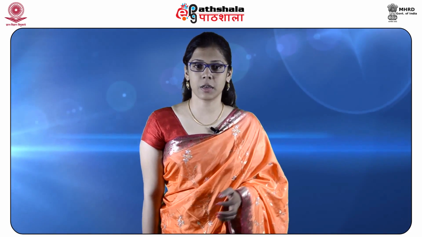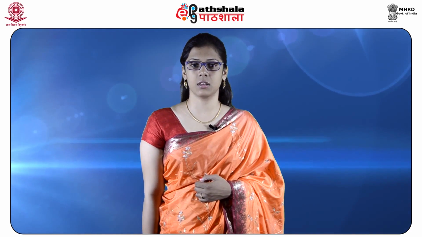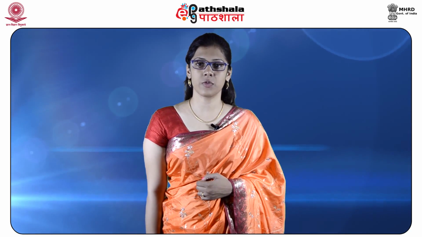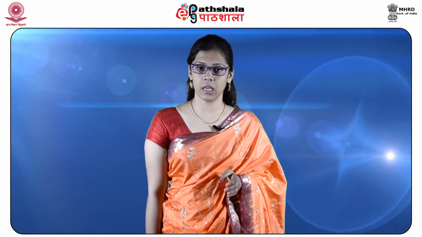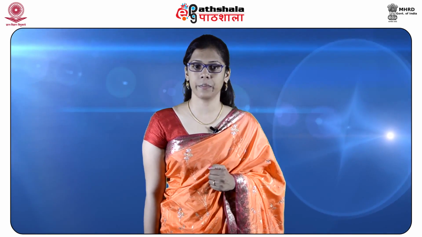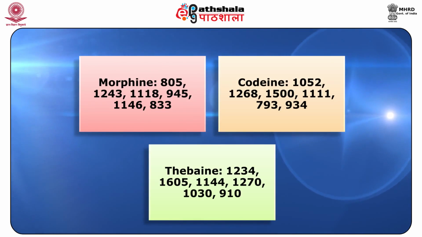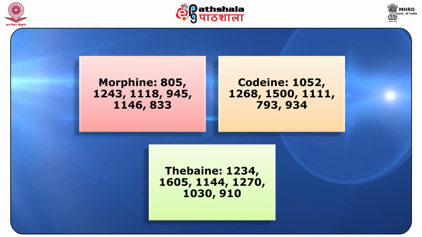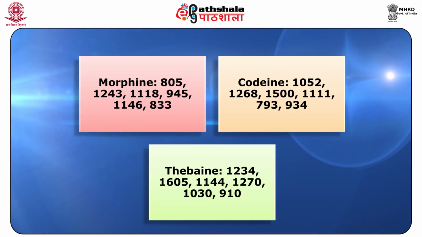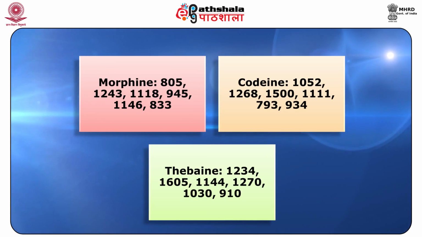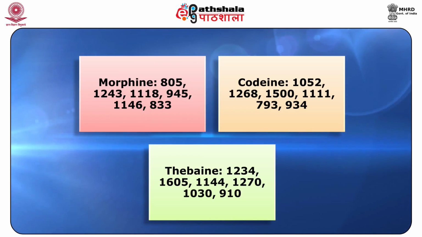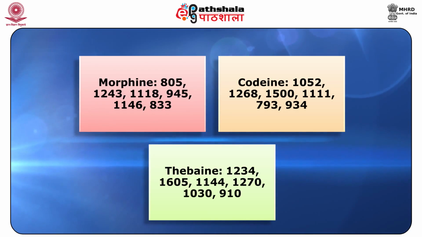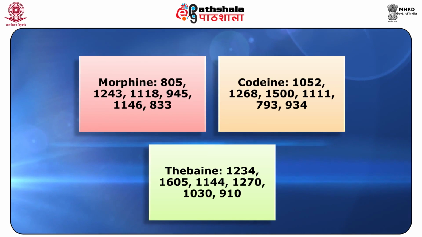Next is spectroscopic methods, that is the Fourier transform infrared spectroscopy. The principal peaks in KBr pellet are, for morphine, 805, 1243, 1118, 945, 1146 and 833.